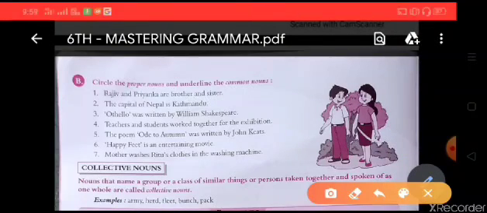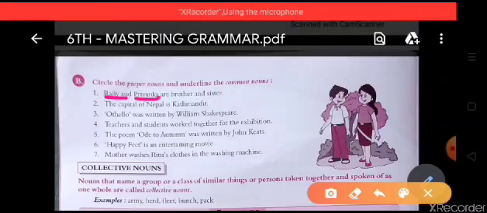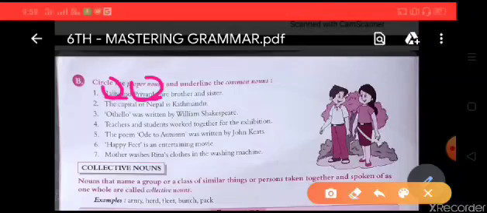Rajiv and Priyanka are brother and sister. Here you can see Rajiv is a name and Priyanka is also a name, so they are called proper nouns. So we have to circle them, and brother and sister are common nouns.